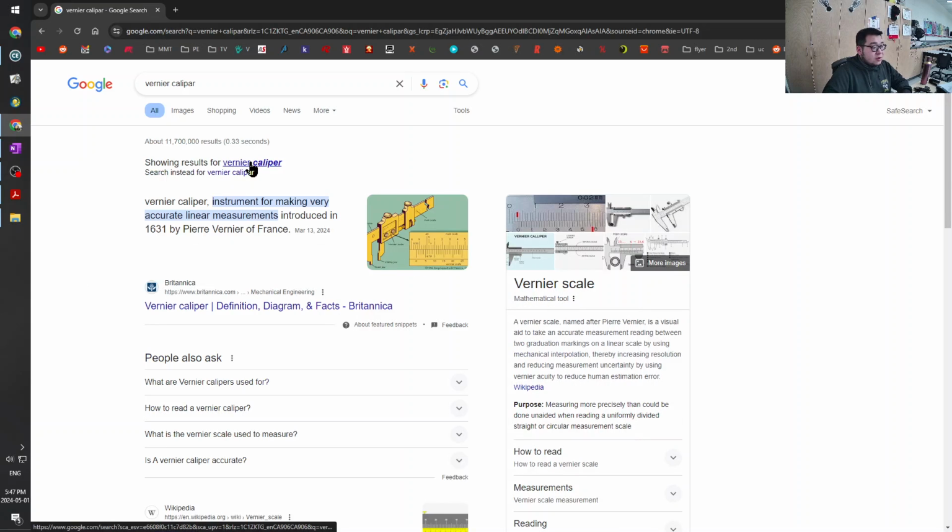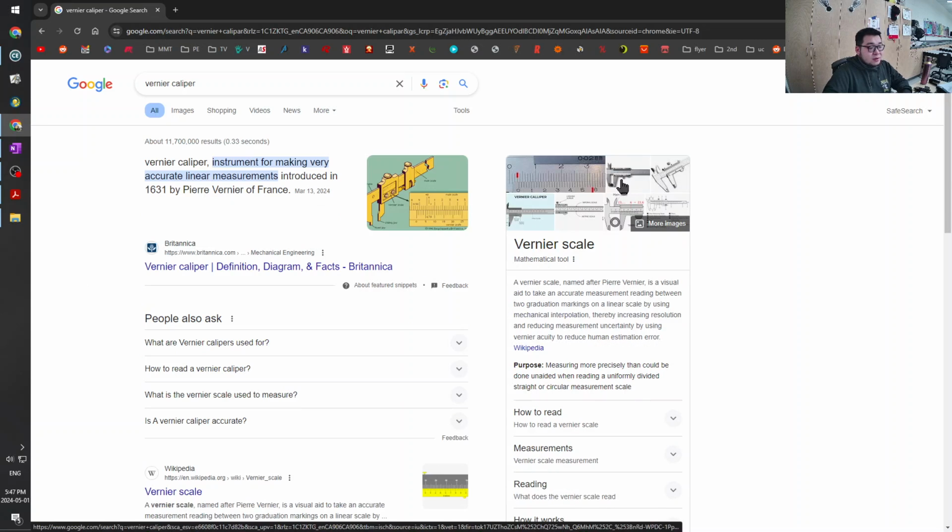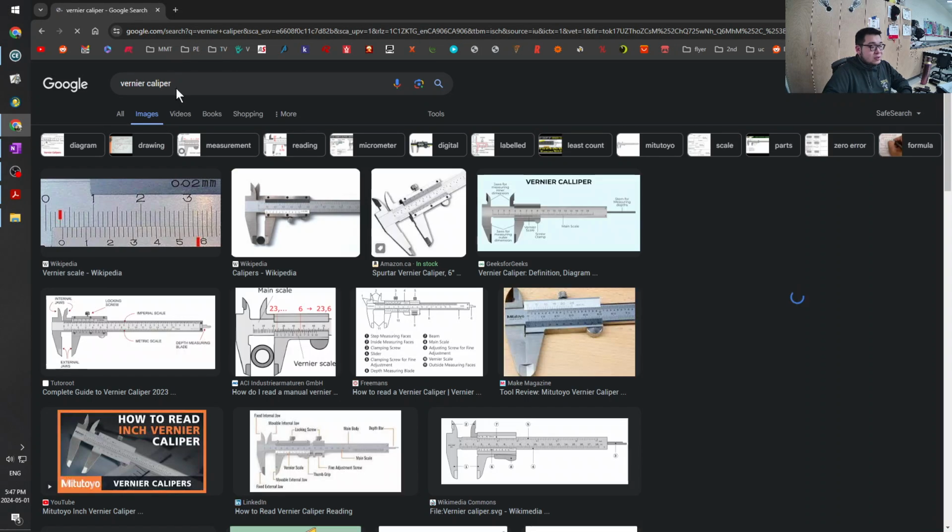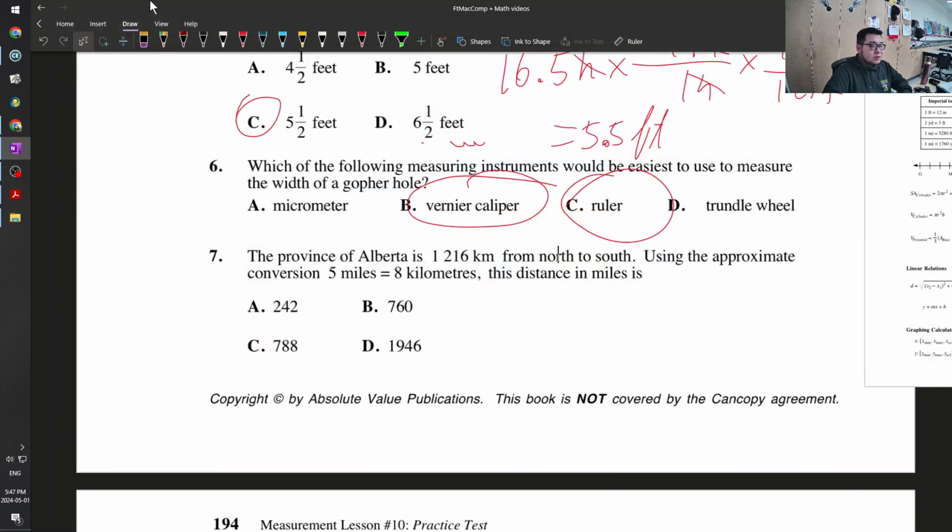A vernier caliper makes very accurate measurements of a hole, so it will be the easiest to use. With a ruler you have to find where the zero is, but with the vernier caliper you can just stick it in there and read it out. So 6 is probably B.